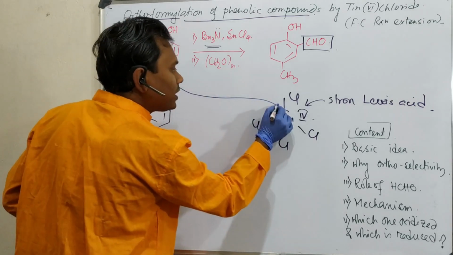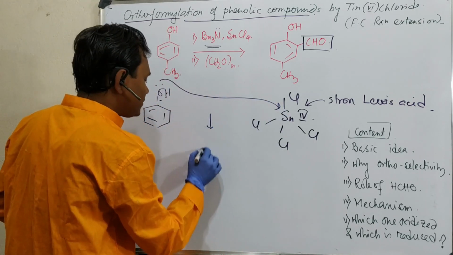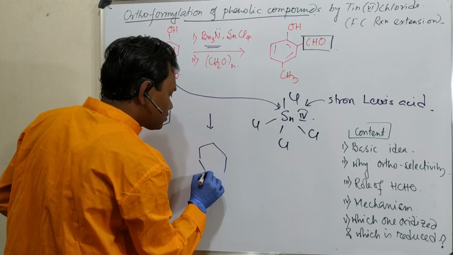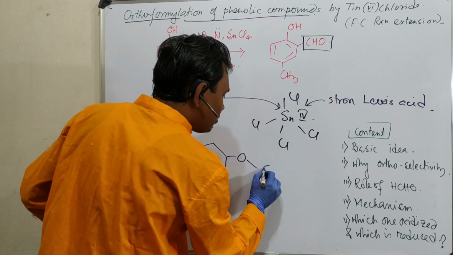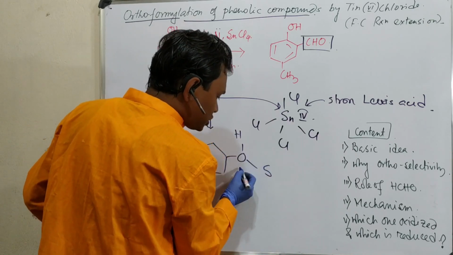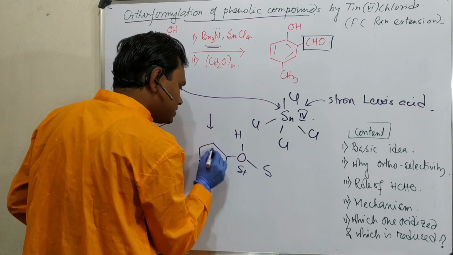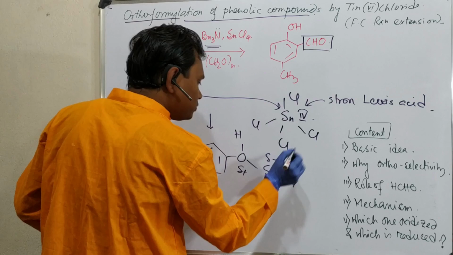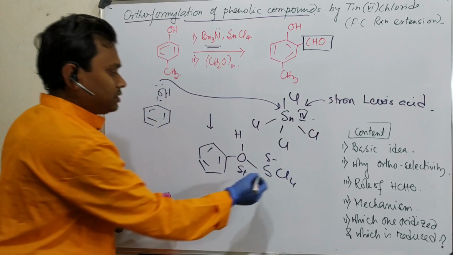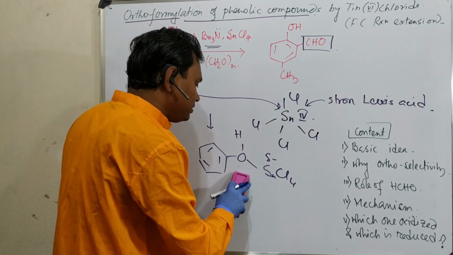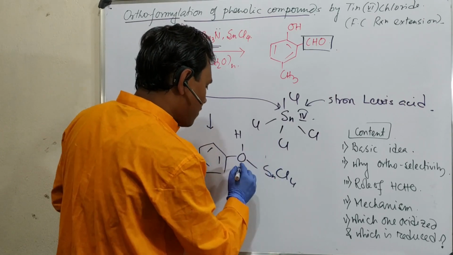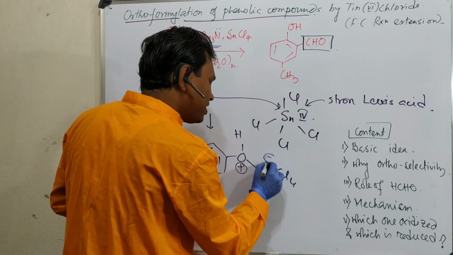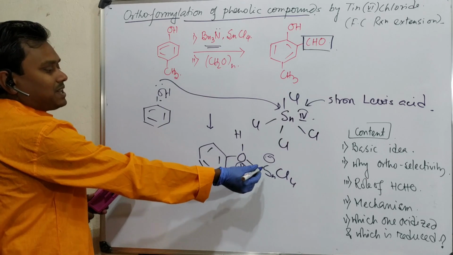It will coordinate with this oxygen. It will result in a partial positive charge on oxygen because of donation, and a partial negative charge on tin. Or better to say, we can write this in this way also, that's not wrong. Tin is in +1 because it has donated this electron. Sorry, oxygen is plus, tin is minus.